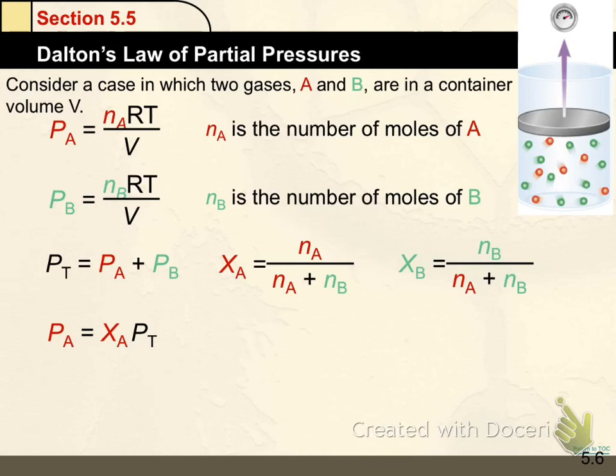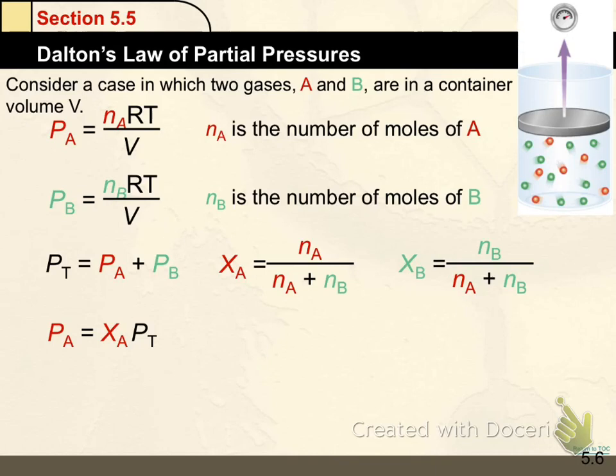So, we can make the following statement. The total pressure multiplied by the mole ratio of any specific gas is going to equal the pressure of that specific gas.